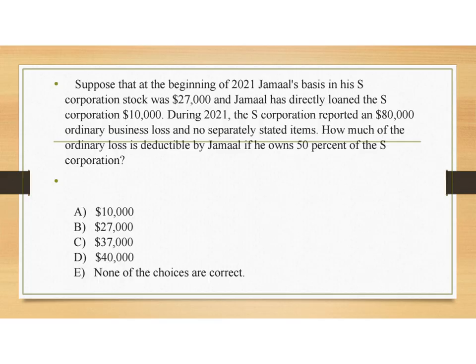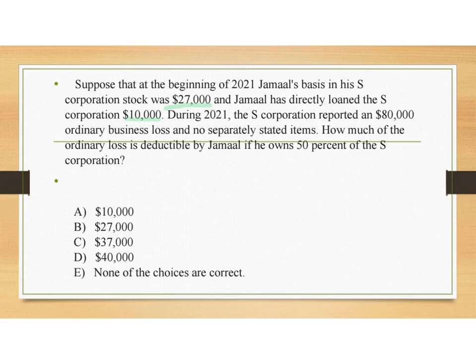All right, so this question is about loss limitations. Okay, so let's see what we got. So we've got the beginning of 2021, and Jamal's basis in his S Corporation stock was $27,000, and he's directly loaned the S Corporation $10,000.